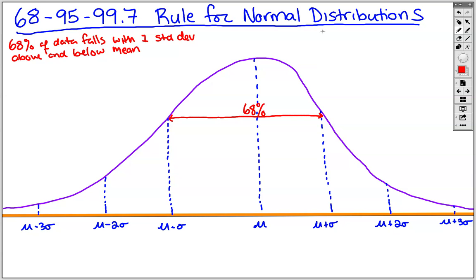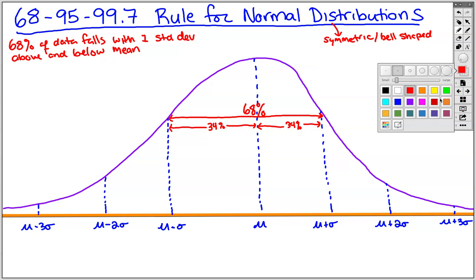One thing I didn't say about normal distributions is that they are symmetric. Normal distributions are symmetric and they're bell-shaped. So from here to here, since they're symmetric, 34% of the data falls from here to the middle point. And then 34% falls from here to here.